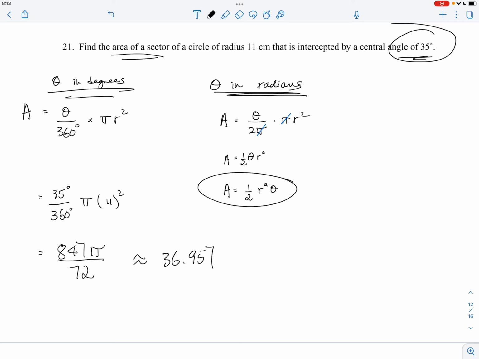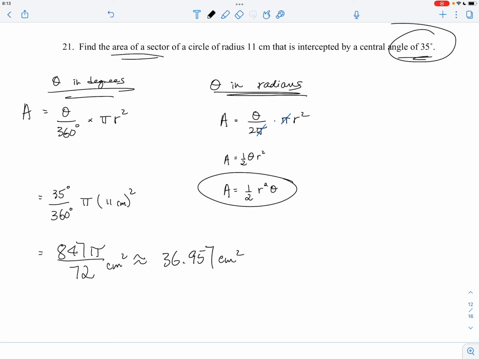That would be in the unit of centimeters squared, because you squared the centimeters right here, so centimeters squared is the unit of the area.